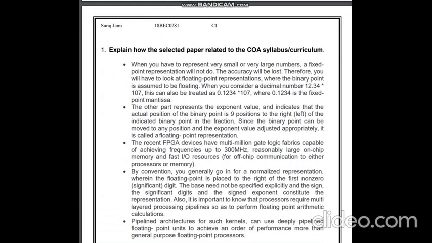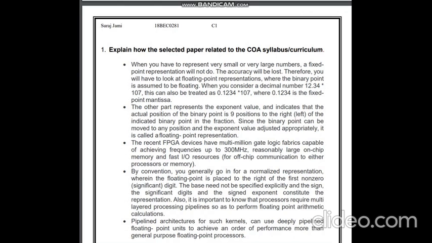When we have to represent very small or very large numbers, a fixed point representation will not do. The accuracy will be lost, therefore we have to look at floating point representations where the binary point is assumed to be floating. The decimal number 12.34 * 10^7 can also be treated as 0.1234 * 10^9, where 0.1234 is the fixed point mantissa.